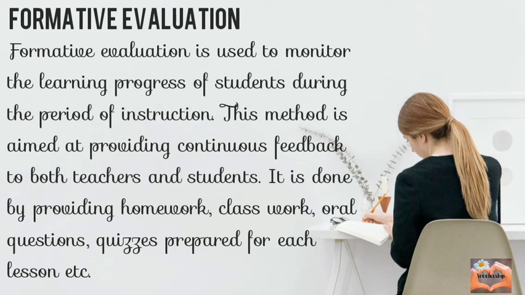Formative evaluation is used to monitor the learning progress of students during the period of instruction. This method is aimed at providing continuous feedback to both teachers and students. It is done by providing homework, classwork, oral questions, quizzes prepared for each lesson, etc.